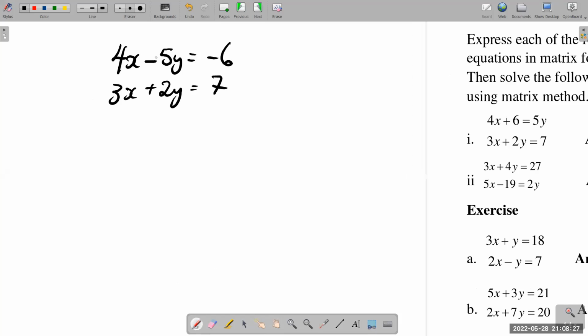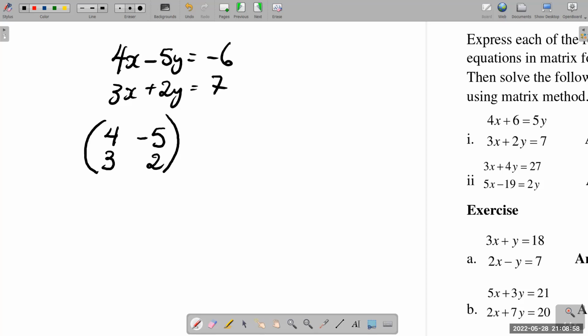So first thing first, everybody see the coefficients? What are the coefficients? You're going to use the coefficients of each term and create one matrix. So we're going to use 4, we're going to use -5. And why do we use -5? Because here it's not plus. If it was plus, it would have been positive. Then we got 3, and then we got 2.